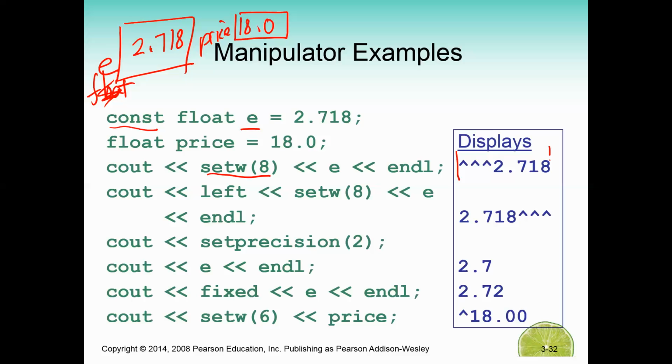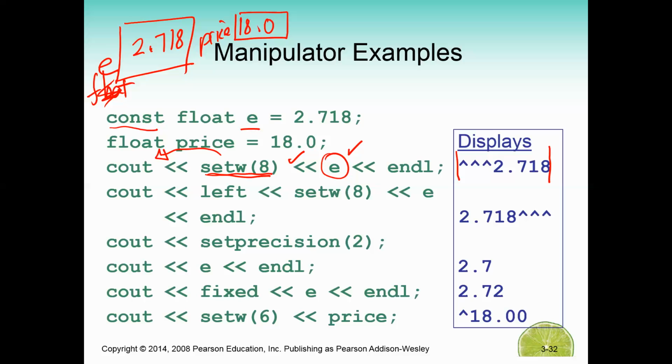And display, that's the first command, right? Send to the screen this column size, and display in there the E. What do we have in E? 2.718.